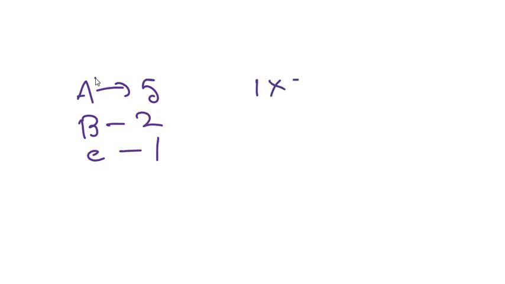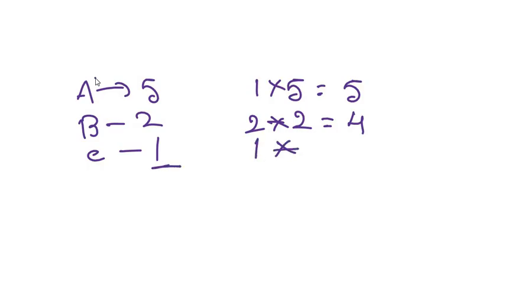So 1 into frequency 5 is equal to 5. For B, the total number of binary values encoded is 2, so 2 into 2 is equal to 4. And for C, the frequency is 1 into total binary values 2, which is equal to 2.